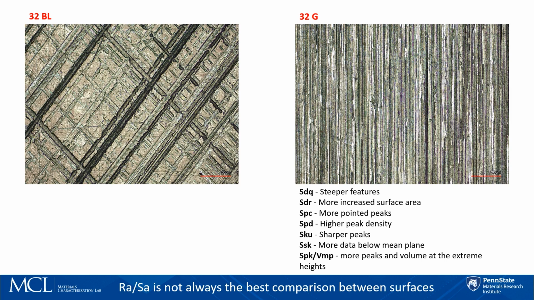So this is a good example showing how, by eye, we're looking at these samples. We know there's something different between them, and roughness was not a good parameter for describing the differences between these samples.